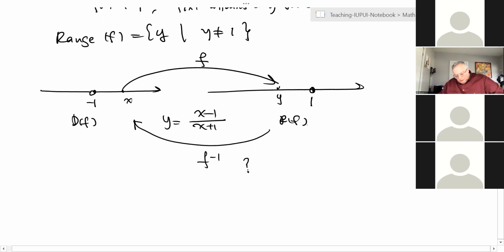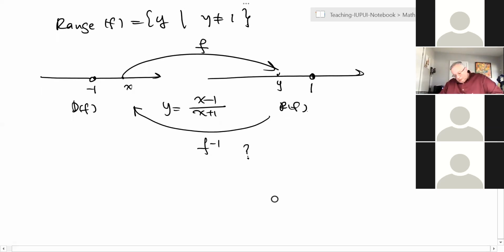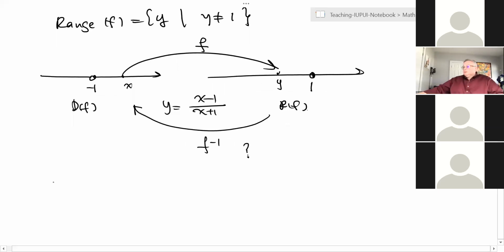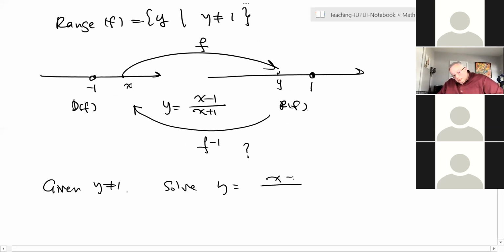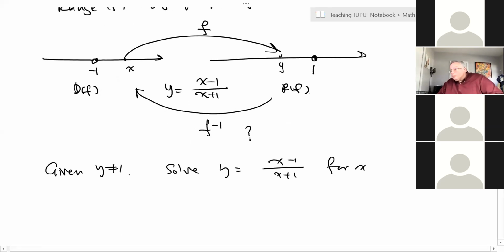Given a value of y, which is not going to be 1, can I get x such that its image is y, right? Basically, this is called the inverse. All we have to do is just solve it, right? Given y not equal to 1, we try to solve this equation for x. Okay, that's easy, right? As long as you understand the concept, that'll be easy, right? Then you find the inverse, right? Okay, so how can I do that?